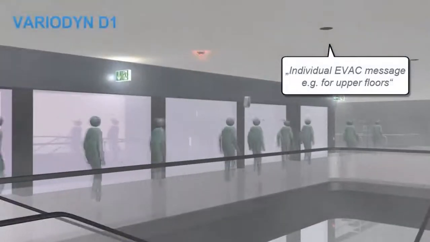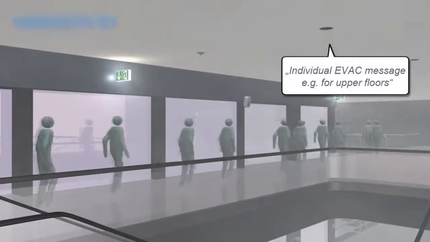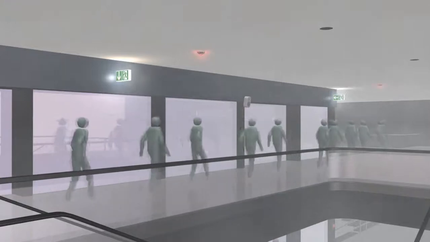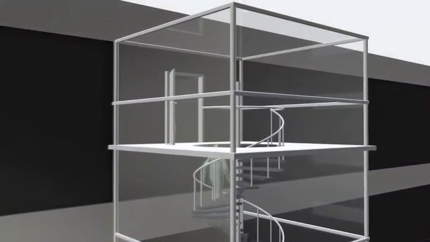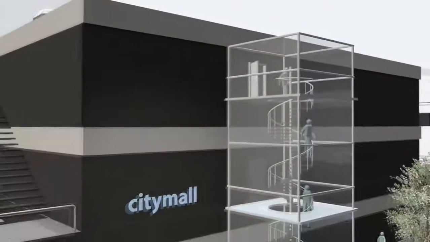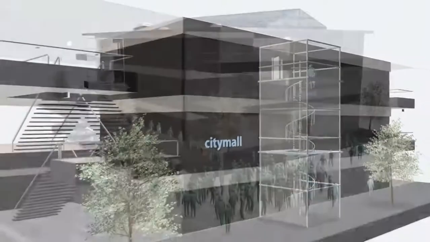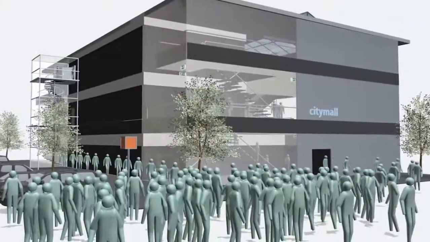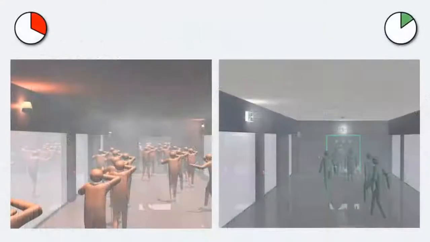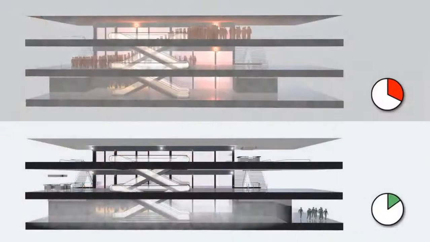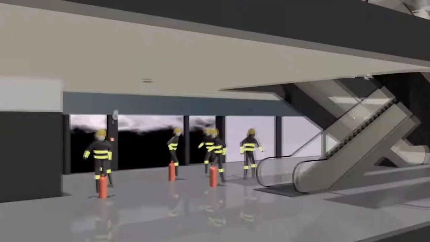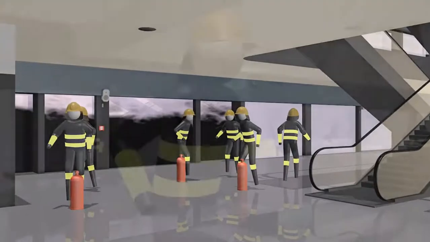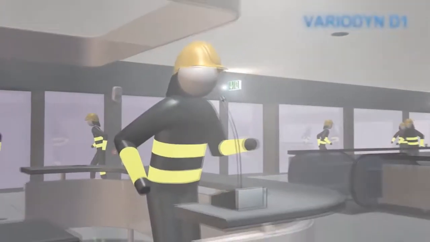Achtung, Achtung! Dies ist eine Gefahrenmeldung. Bitte verlassen Sie das Gebäude über die nächsten Ausgänge. Attention, please. This is an emergency. Please leave the building by the nearest available exit. This is a fire brigade information.